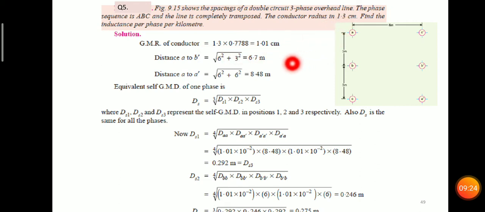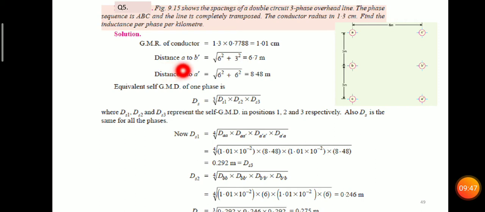We know that the geometric mean radius R dash equals 0.7788 R, or e raised to minus 1 by 4 into R. R is 1.3 centimeter, so 1.3 into 0.7788 gives 1.01 centimeter.